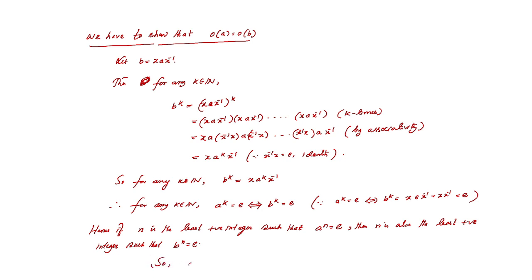So what do I conclude? Order of A equals n if and only if order of B equals n. So B equals X A X inverse, and thus A and B are of the same order.